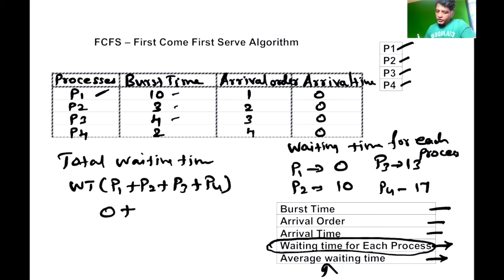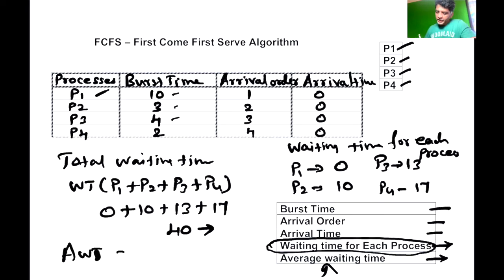So 0 plus 10 plus 13 plus 17, right? Now what is the value here? 10 plus 13 is 23, 23 plus 17 is 40, right? Now what is the average waiting time?